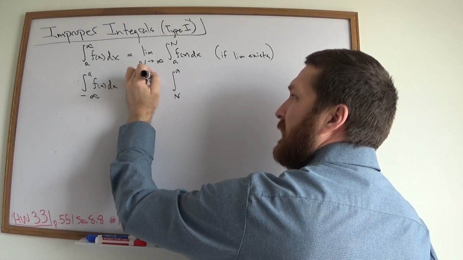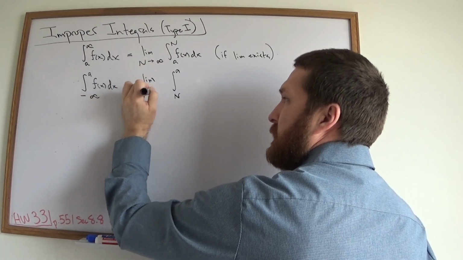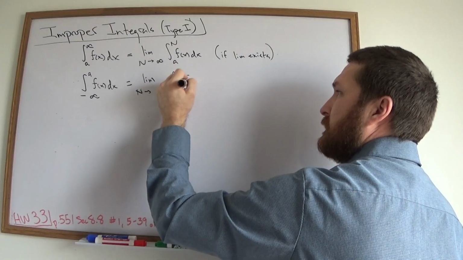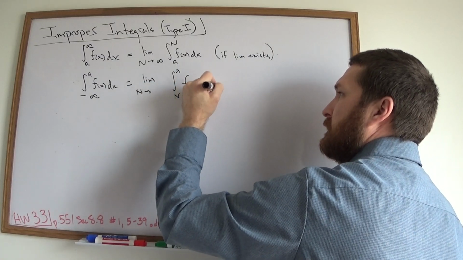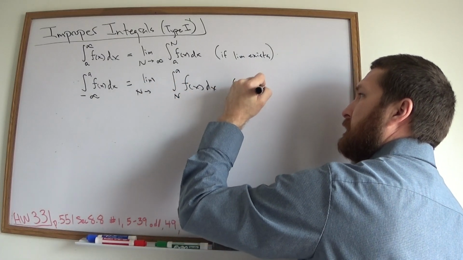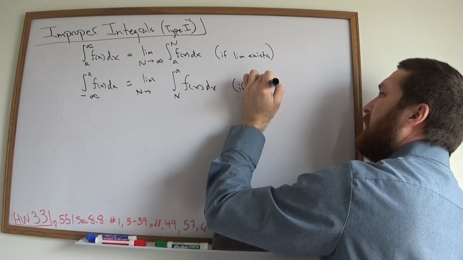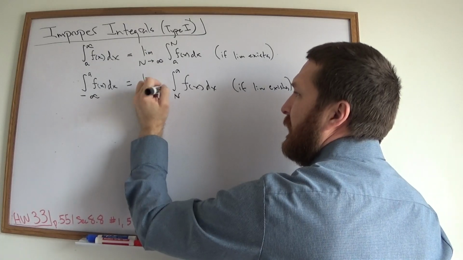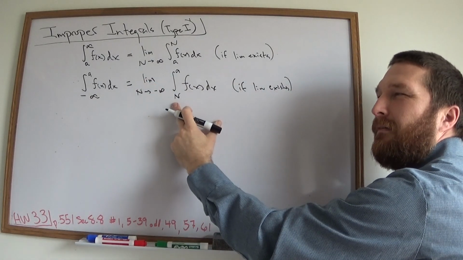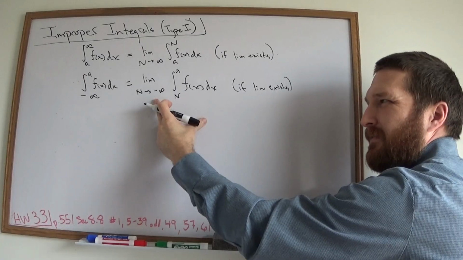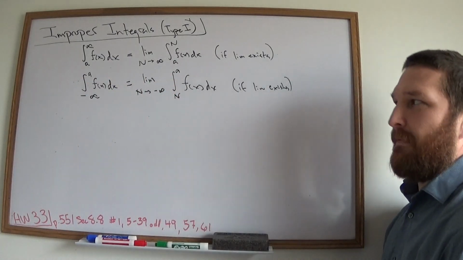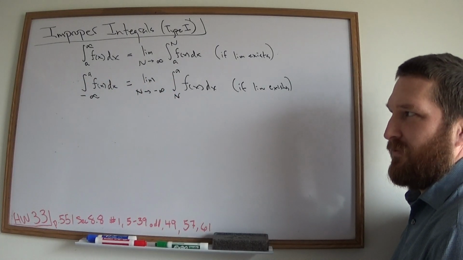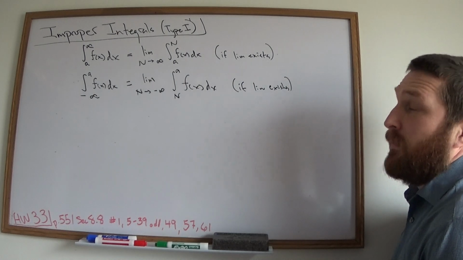And we're going to take the limit as n goes to negative infinity. Or you could do negative n down here and make it go to positive infinity. It doesn't matter. It's the same thing, right? It's just negative. Okay.